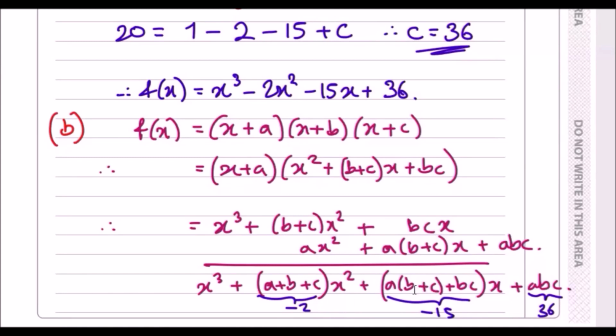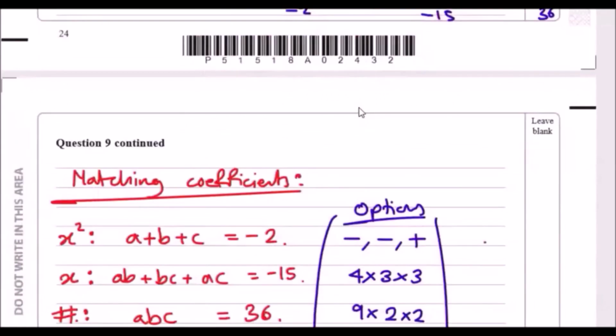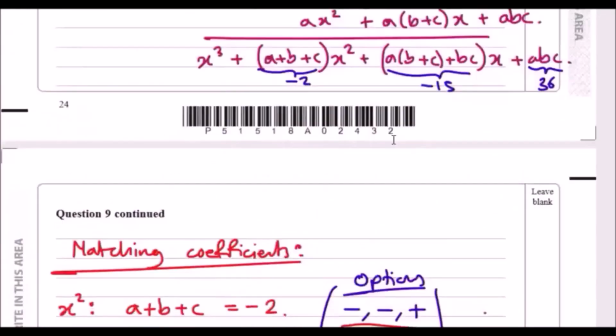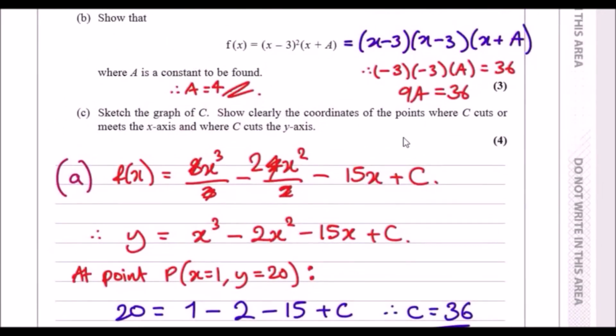We can say for the x term, all of this is identical to minus 15. And of course the constant term is identical to 36. And then you make an equation. Now, like I said, this is just a method, so I would like to hear your comments on this one. Anyway, that's it really, and you've done that. And that's dead easy.